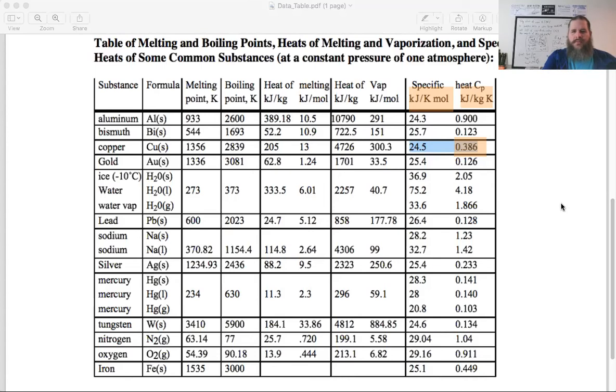Although also, while we've got this data table here, what other information should we look up? Yeah, the heat of melting, because we're going to also need to worry about the delta H for water. So delta H for water melting. And it looks like we've got heat of melting.